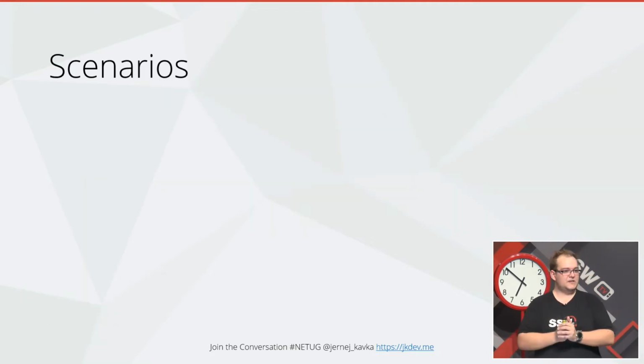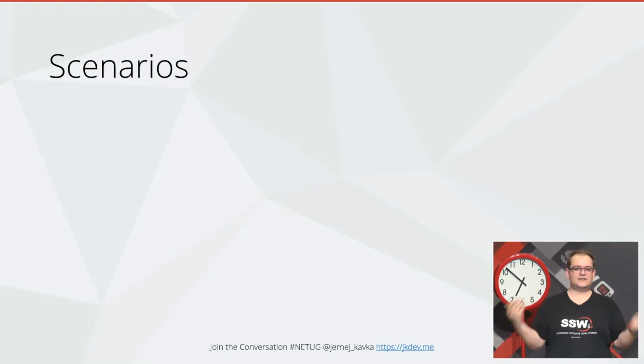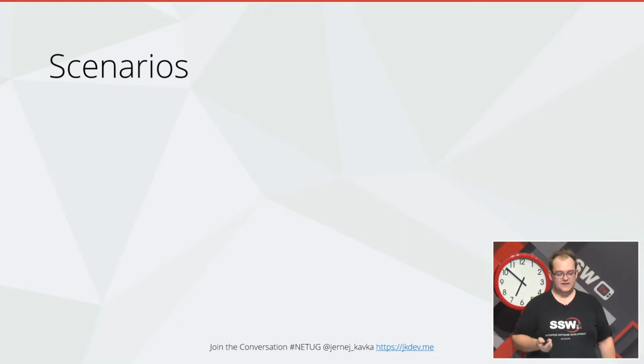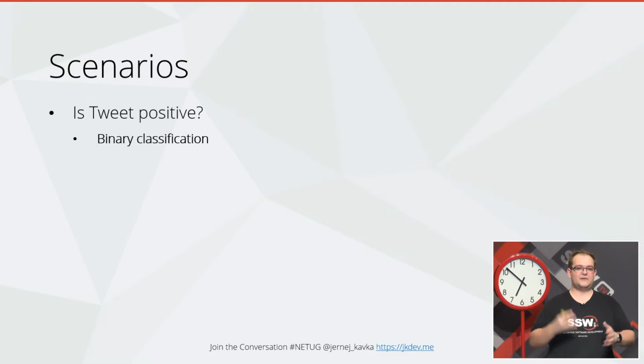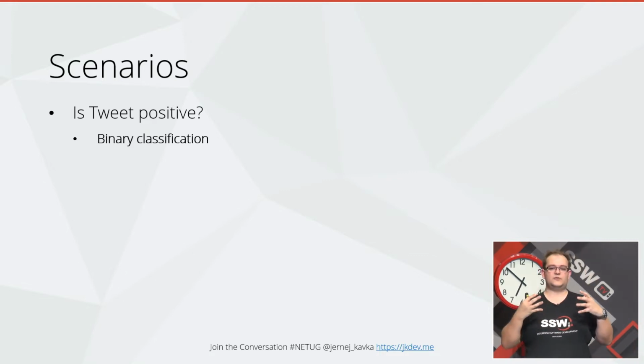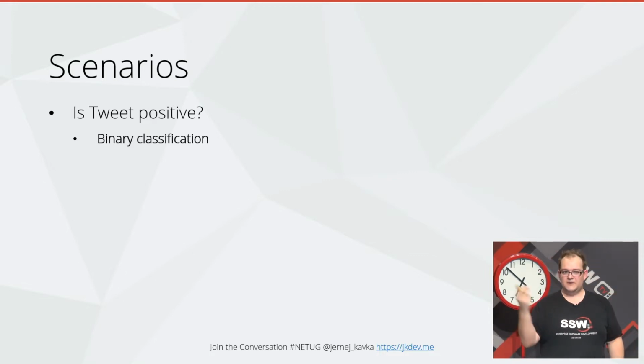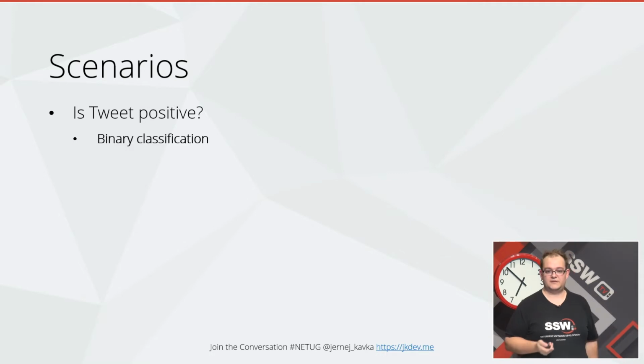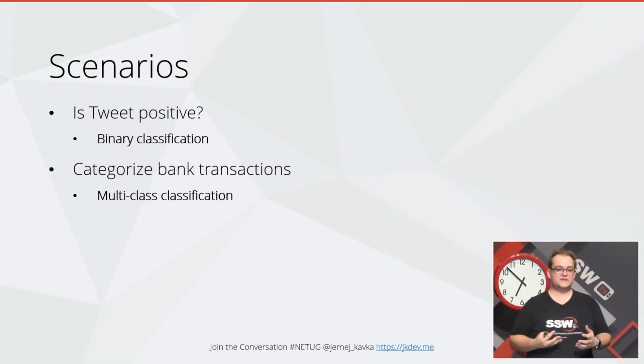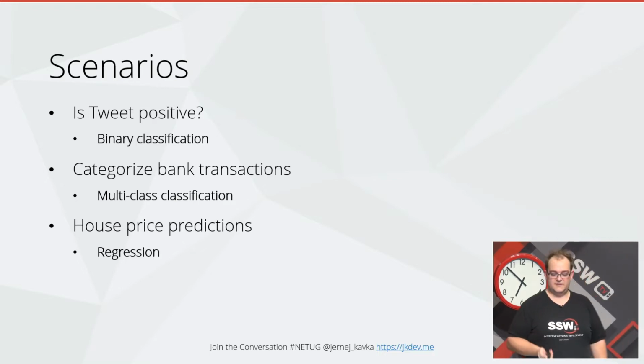And what can you do with this machine learning? How do you figure out what kind of classification it is? For instance, if you want to do Twitter, figuring out whether a tweet is positive or not, you can use binary classification. If you want to do bank categorization, you can use multi-class classification.